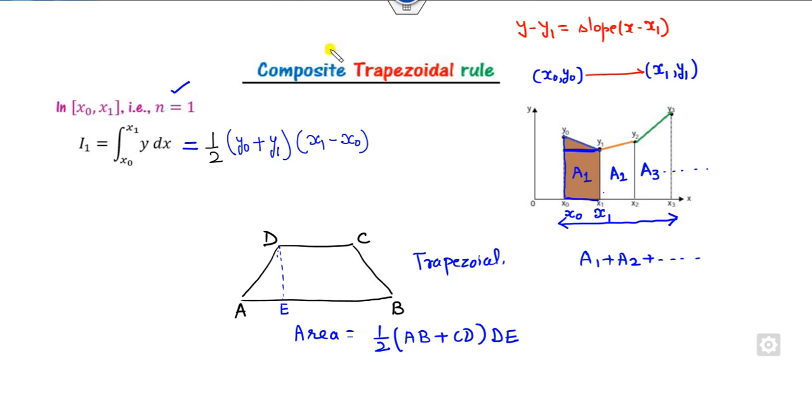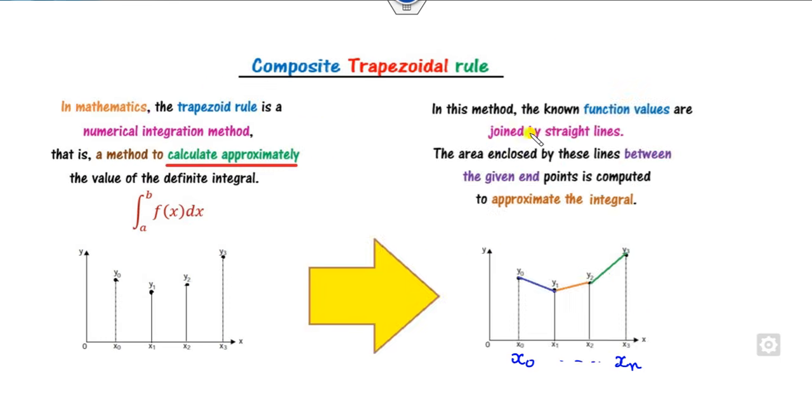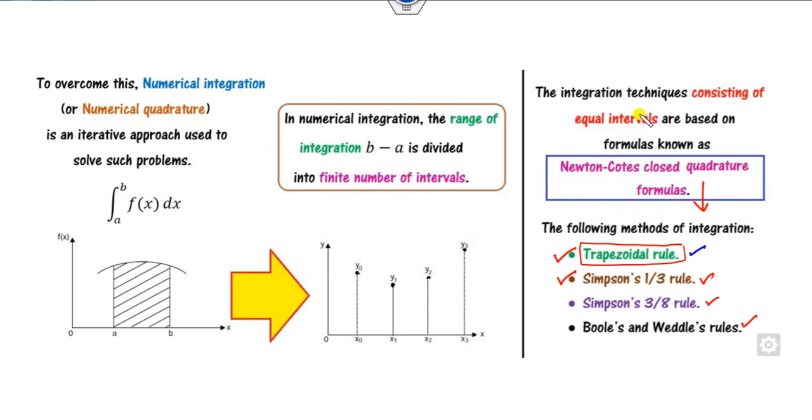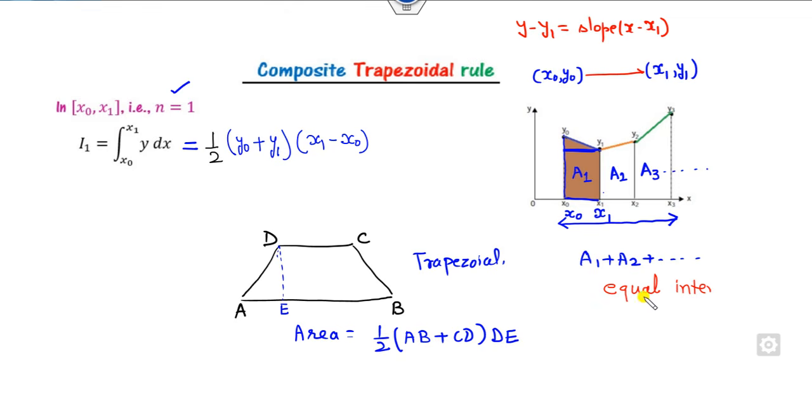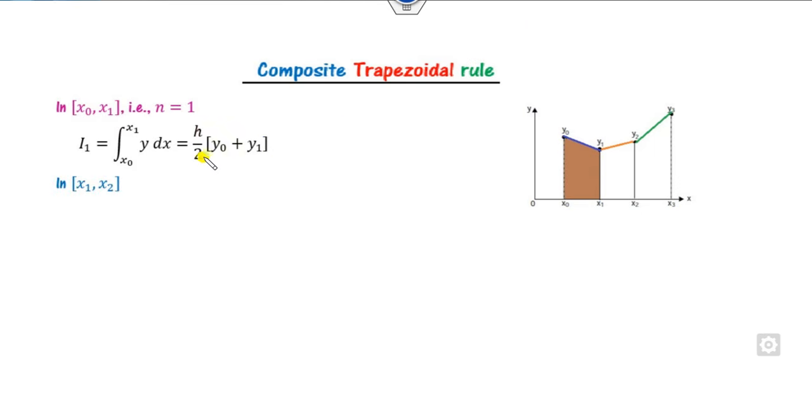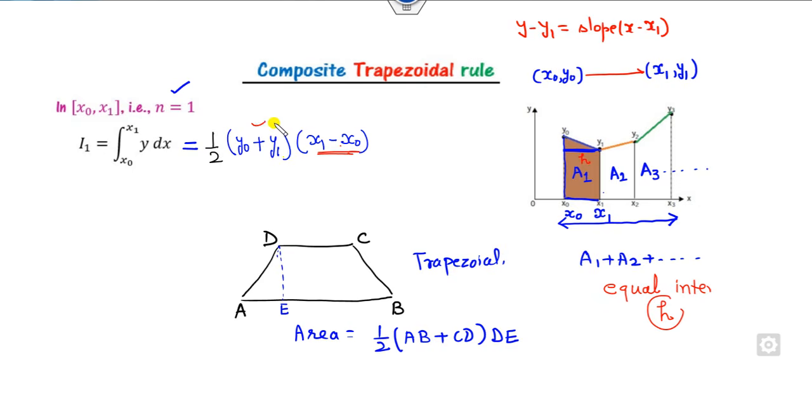I consider the intervals to be of equal length, this is my assumption. You can see they are joined through equal intervals. If I consider the equal interval length to be h, then this is my h. So I can say the area is h over 2 times y0 plus y1.